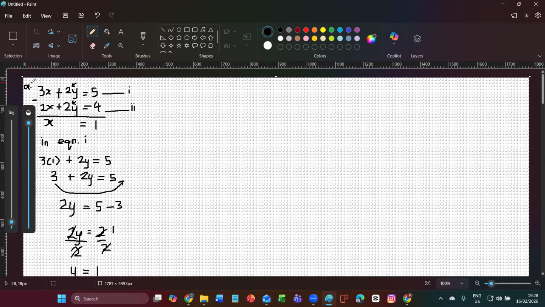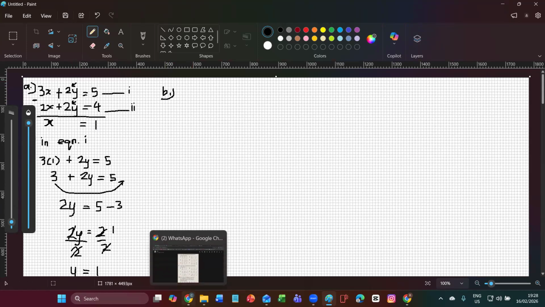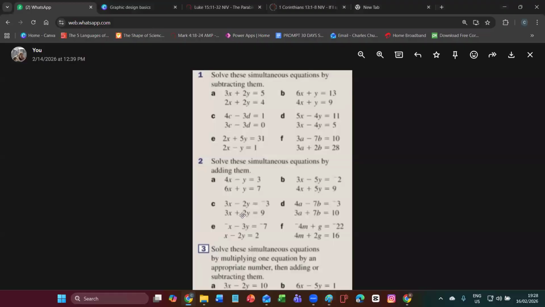I'm going to do one that looks slightly different. This one looks like it already had the coefficient the same for us. So I'm going to do one that looks different because the coefficients are not the same.